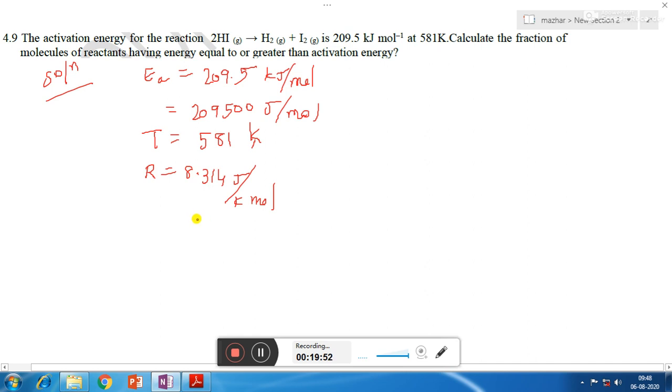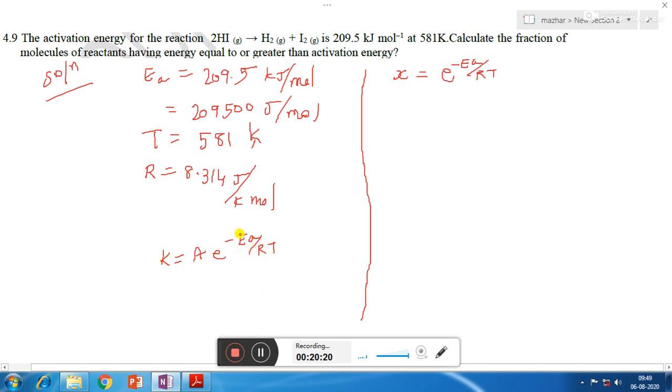Now the fraction of molecules equal to or greater than the activation energy is nothing but x, and that is equal to e raised to minus Ea upon RT. In case of the Arrhenius equation we write k equal to A into e raised to minus Ea upon RT.